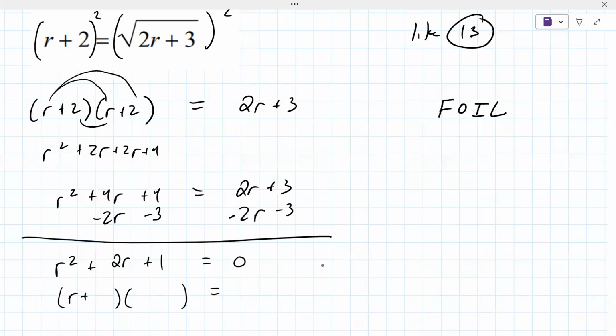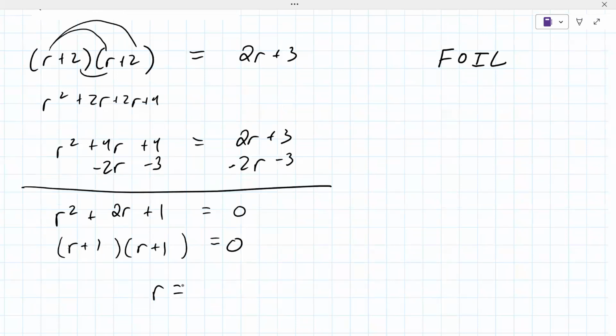So it should be r plus 1, r plus 1. Does that work for you? Yeah. Okay. So it ends up being r equals -1.